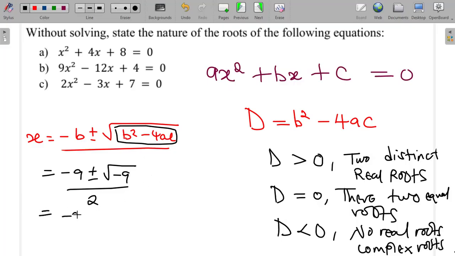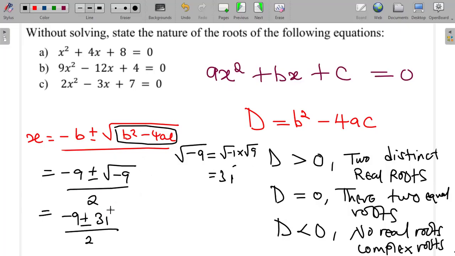So that would be minus 9 plus or minus the root of negative 9. You can also write it as the root of minus 1 multiplied by the root of 9, right? The root of 9 is 3, and the root of minus 1, we always imagine it to be i. So this will be 3i. So I'll write here minus 9 plus or minus 3i divided by 2.